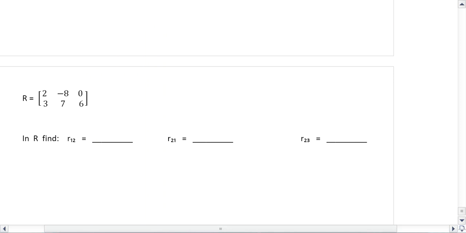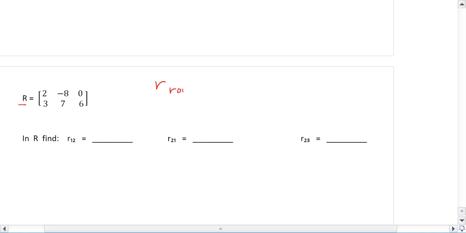Now let's discuss a little more, how do we tell the difference between all the different elements? How do we indicate them? So this small letter R here indicates that it's one of the elements in the matrix named this capital R. And these numbers mean the row and column where the element is located.